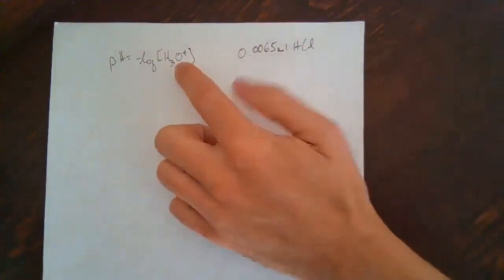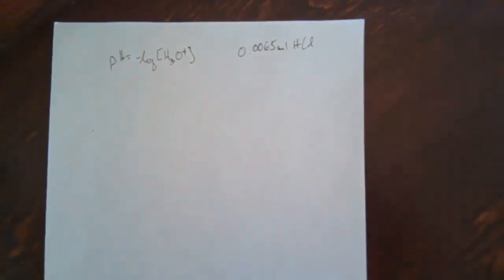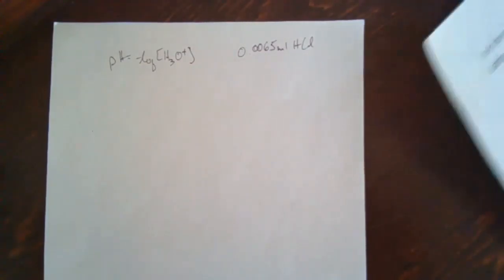That's a molarity. This is a raw moles. So I need to take this and turn it into a molarity, which means I need to divide by the volume. And we want to be careful here as to what exactly the volume is.